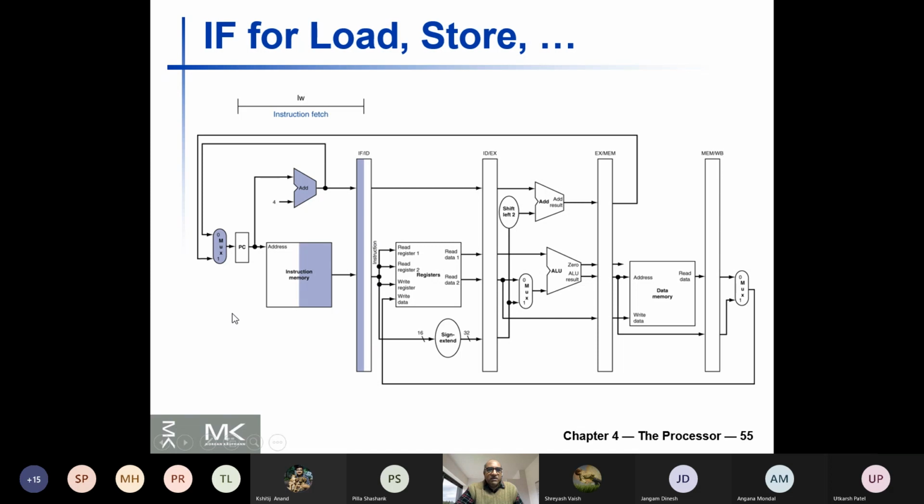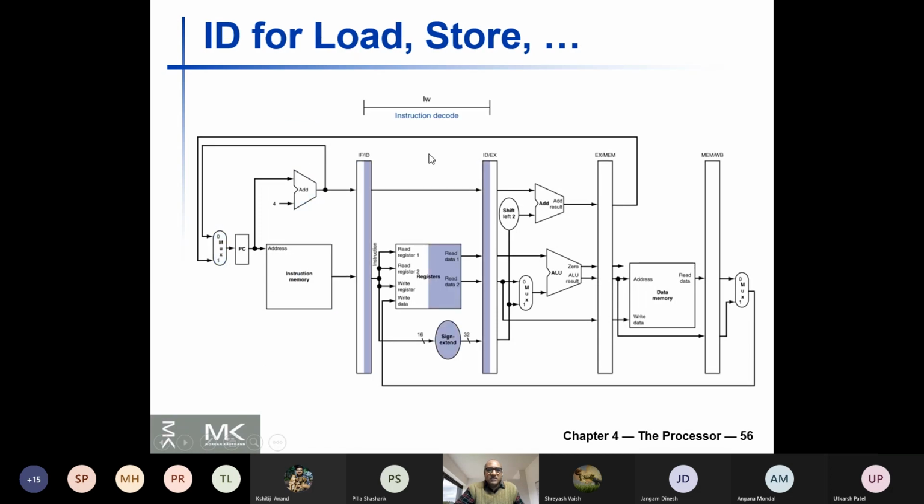So this is the activity of clock cycle 1 of a load word, the instruction fetch stage. Then coming to the next cycle, whatever instruction is available is placed and made available for this stage. From this instruction we come to know which register addresses are to be fetched, and the same information is also used by the controller, the opcode part of the instruction word, and similarly the sign extension.